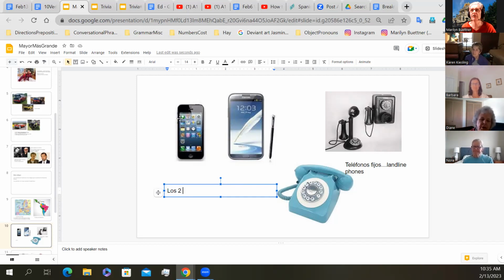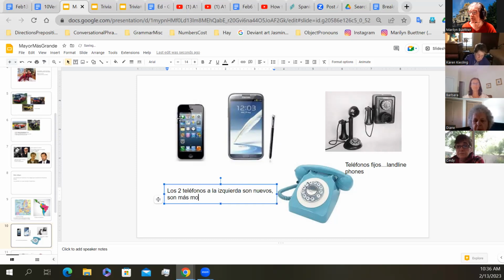Más modernos. Yeah, sí, más modernos, son nuevos, que los dos, pues, a la derecha. Los 2 teléfonos a la izquierda son nuevos, son más modernos que los teléfonos a la derecha. Yeah. Sí, ok.